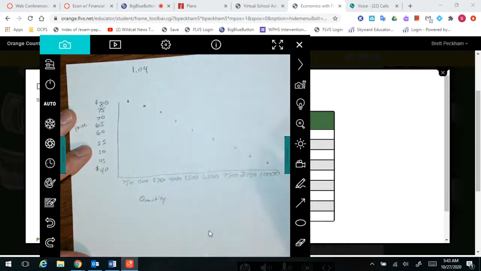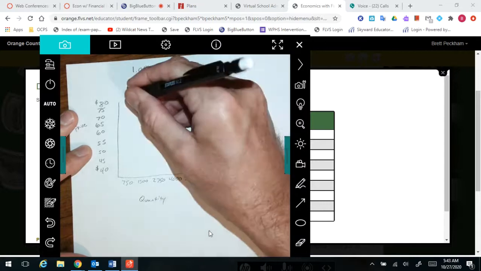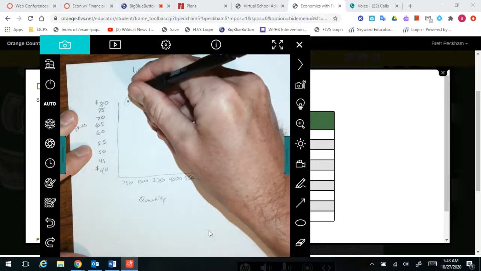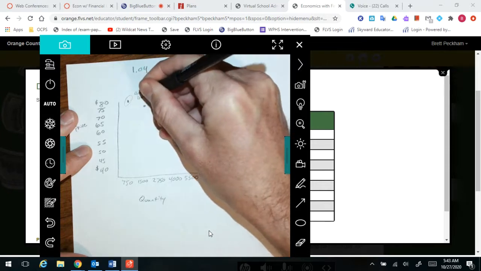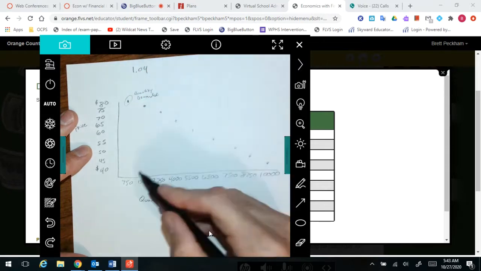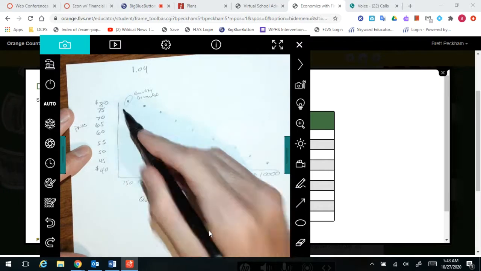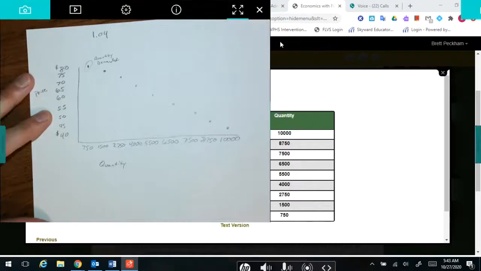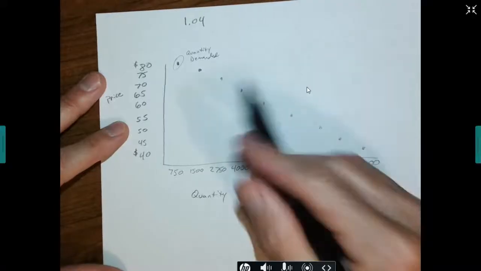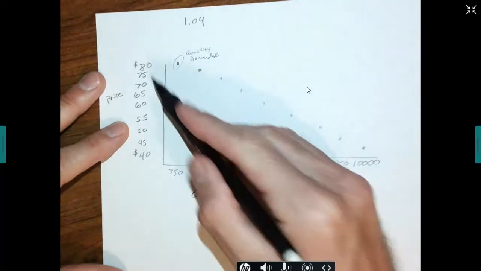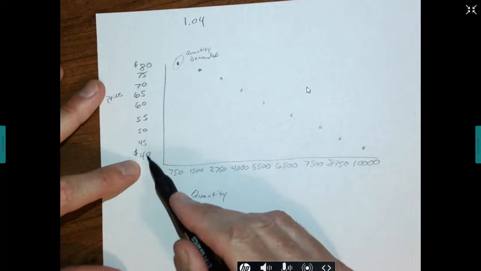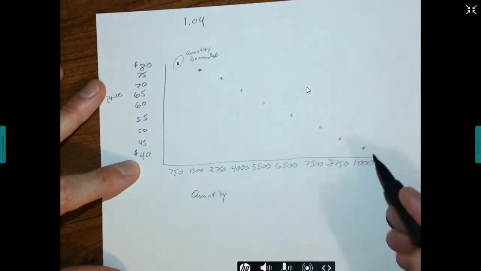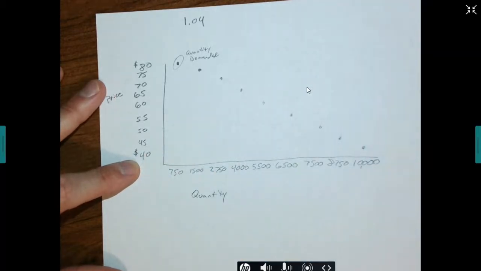The specific points here represent quantity demanded. They're saying that at a specific price, how many units are actually being demanded. So that's your quantity demanded. So at a price of $80, the quantity being demanded is 750 units. At a price of $40, you have a quantity demanded of 10,000, which is quite a lot.